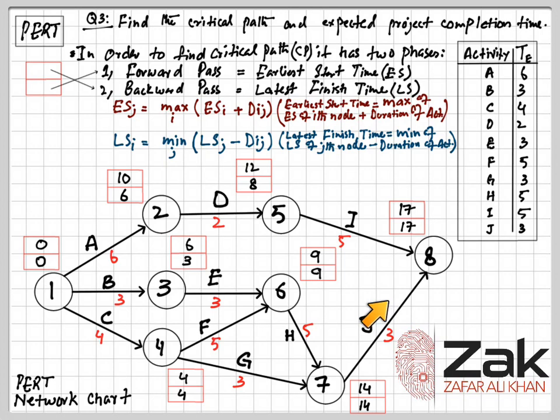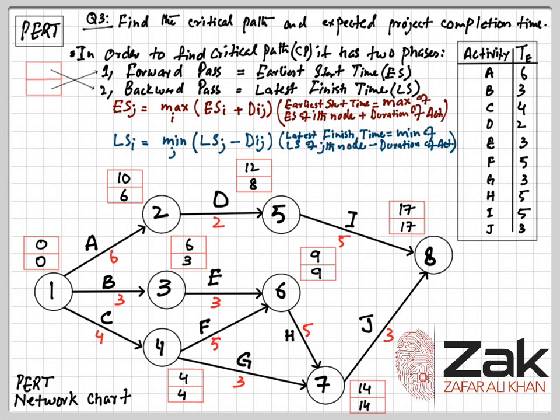So there is one shortcut to it, and that shortcut says that write down all the possible routes from the first node to the last node, as in 1 2 5 8, second one is 1 3 6 7 8, third one is 1 4 6 7 8, fourth one is 1 4 7 8, and calculate their durations. The one with the highest duration will be the critical path.